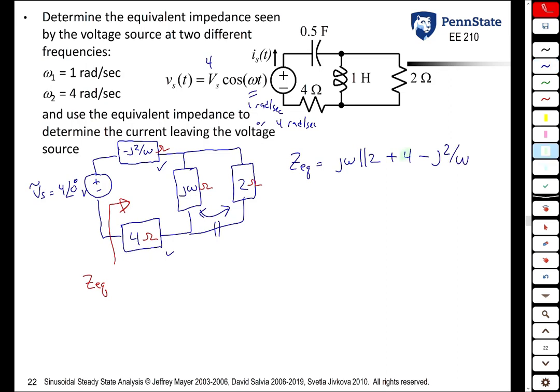So color coding, this 4 is due to that. This minus j2 over omega is that. And j omega in parallel with 2 is that. So if you work out the math, two things in parallel is the product over the sum. So that becomes j2 omega over 2 plus j omega, plus 4 minus j2 over omega.